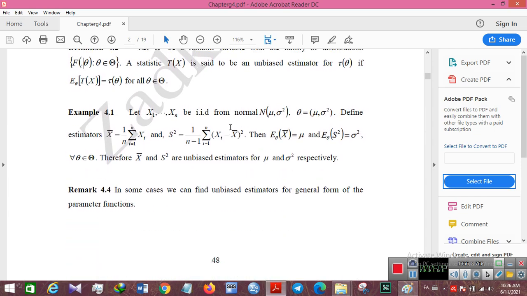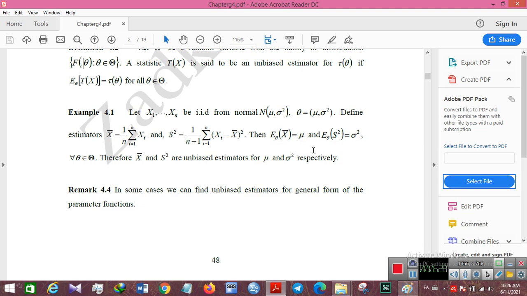We can see, let X1 to Xn be from normal(mu, sigma square). Here theta is 2 dimensional. If we define X bar and S squared as this, we can find the expectation of X bar is mu and the expectation of S squared is sigma square.